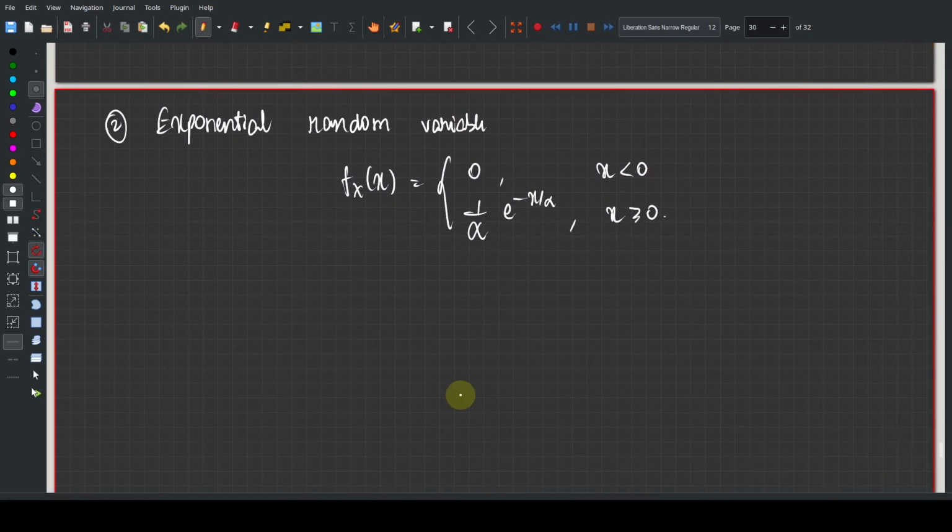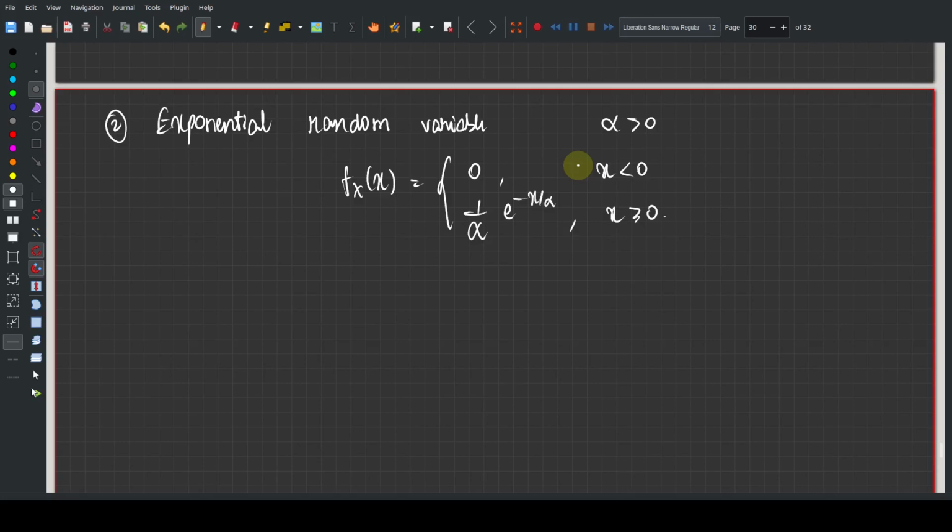Let's take the exponential random variable. Okay, so let's fix some constant alpha greater than 0. And we look at the following density: fx of x is equal to 0 for x less than 0, and it's 1 by alpha e to the minus x by alpha for x greater than or equal to 0. Okay.